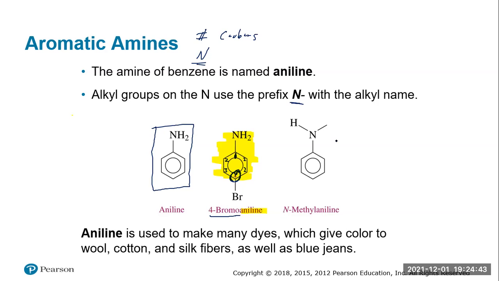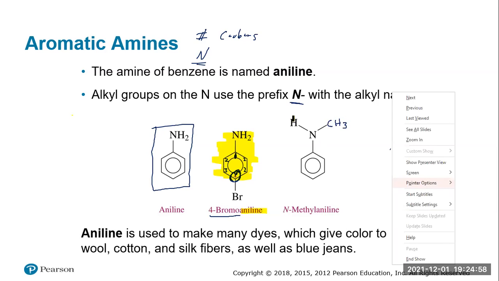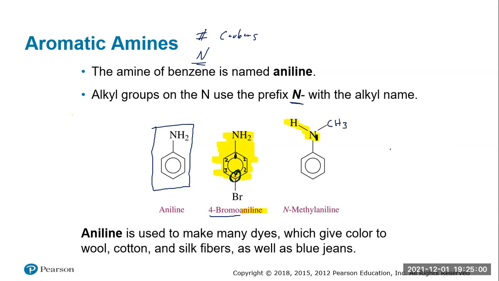Now, if we take a look at this last guy, you may be going, hey, there's just a line. Remember, a line in organic chemistry usually means that there is a carbon and a methyl group at the end of it. Here again, we do see our aniline part, which is here, again making the base of the name.